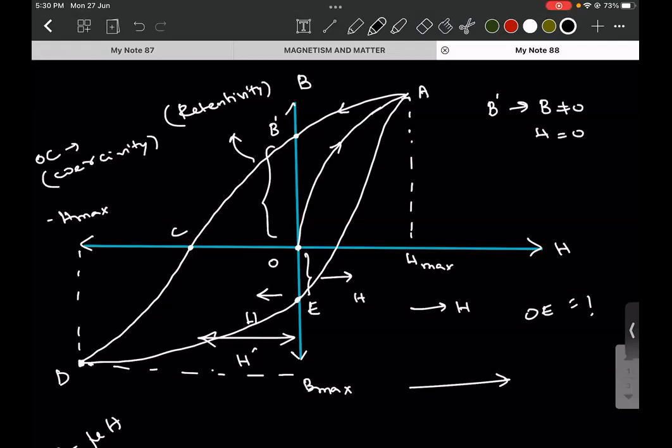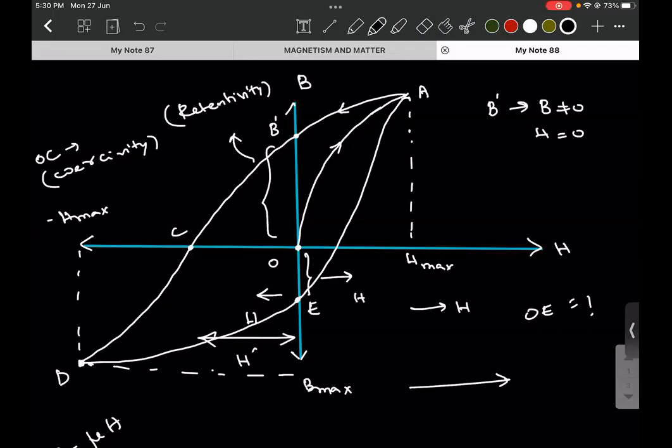It's called coercivity. Coercivity. The meaning of it is something is coerced. How much is the reverse value of magnetizing field that we need to apply? Because that is corresponding to x-axis. OC corresponds to x-axis. So x-axis who's there? Magnetizing field.